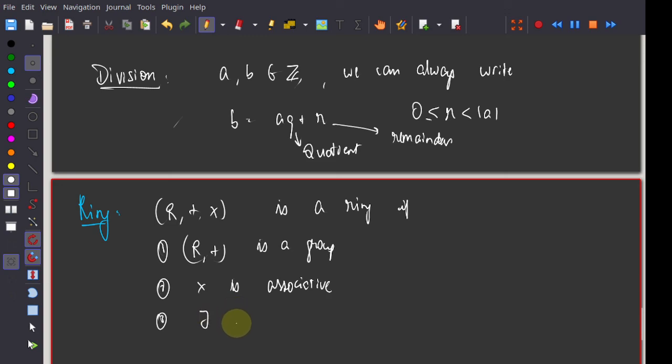There exists a multiplicative identity. And multiplication distributes over addition. So A times (B plus C) is equal to AB plus AC.